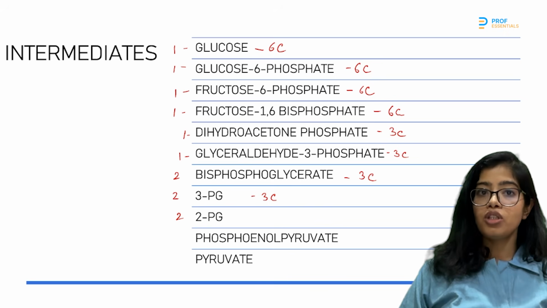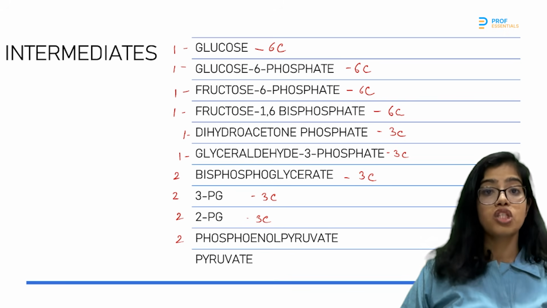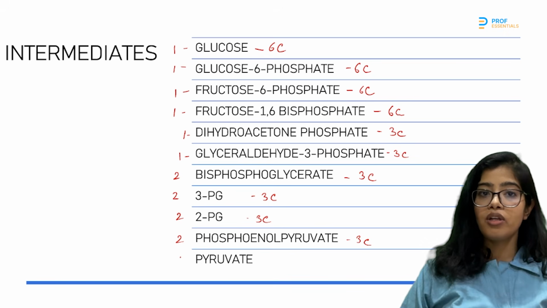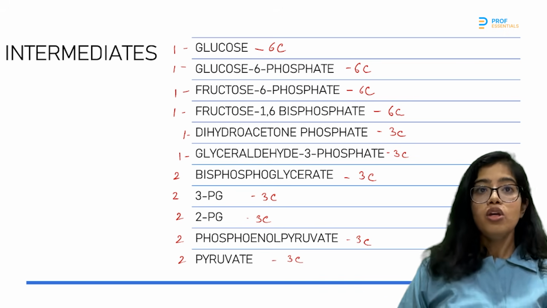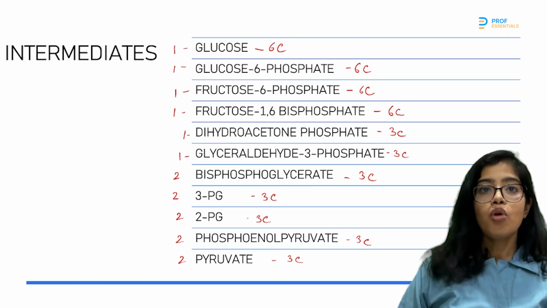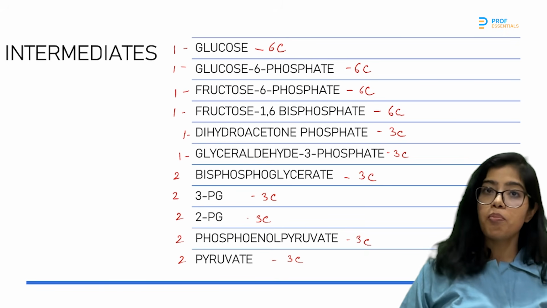Then they will convert to one each of 2 phosphoglycerate, a 3 carbon compound, converting to one molecule each of phosphoenol pyruvate, again a 3 carbon compound, and converting to two molecules of pyruvate, which is again a 3 carbon compound. So we are seeing that starting from glucose, which is the substrate, a 6 carbon compound, one molecule of glucose will produce two molecules of 3 carbon compound, that is pyruvate.